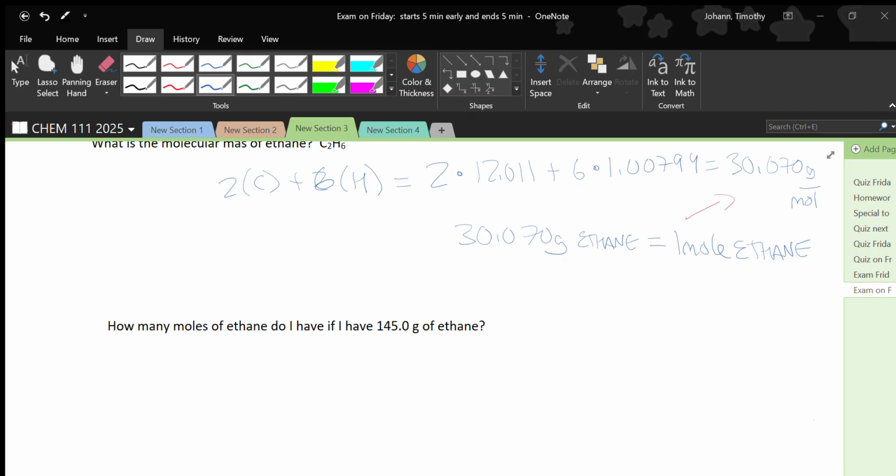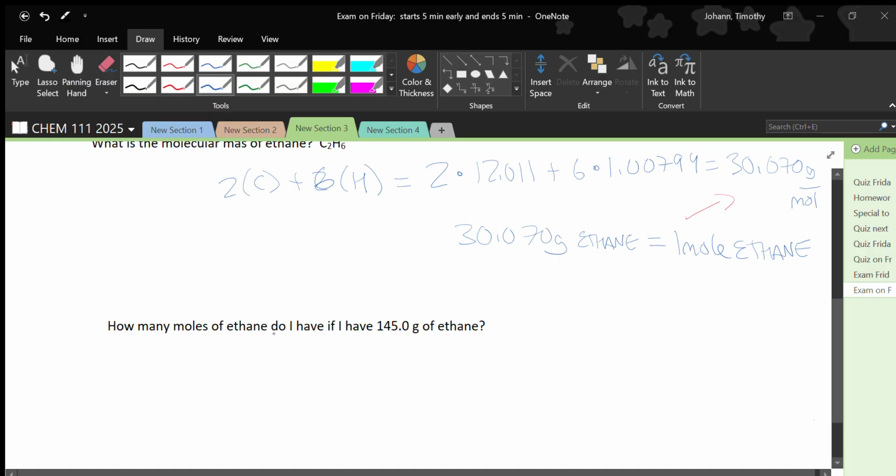All right, I'm going to be a little repetitive here, but what I want to remind you of is whenever we have one of these moles to grams or grams to moles or moles to molecules or whatever, grams to molecules, which you should be able to do, remember we've got grams, right? I can go grams to moles to molecules, let's say.